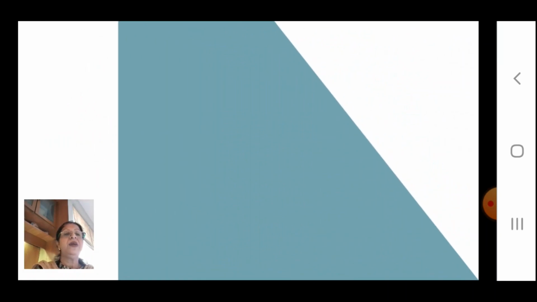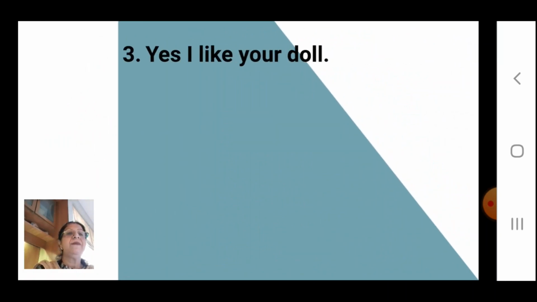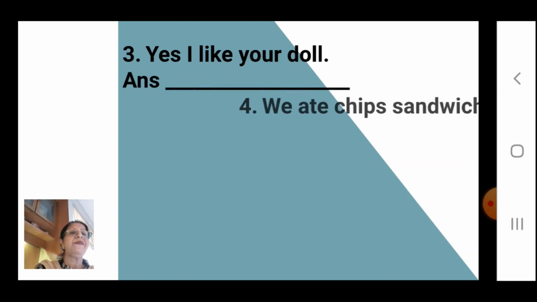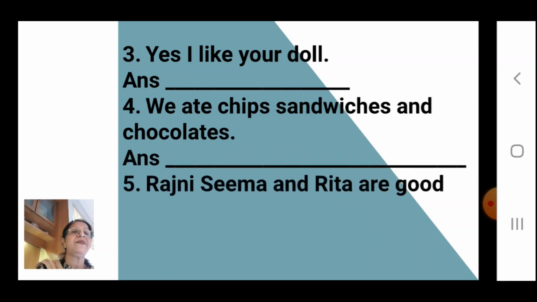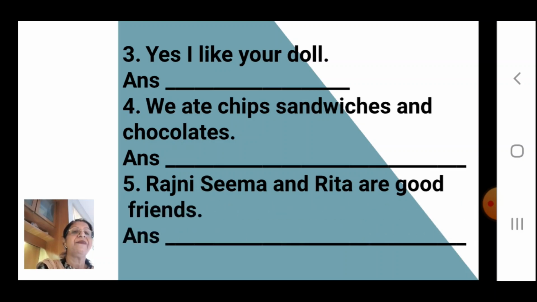Now we continue with some more. Yes, I like your doll. We ate chips, sandwiches and chocolates. Rajni, Seema and Rita are good friends. Right.